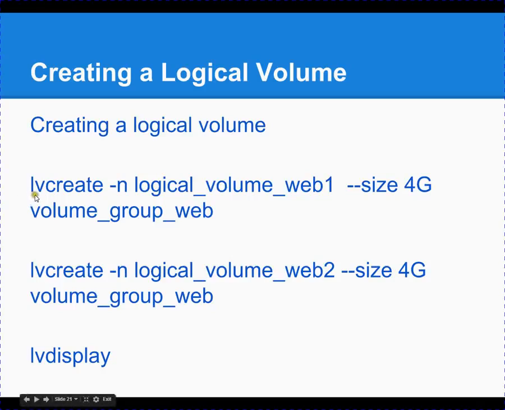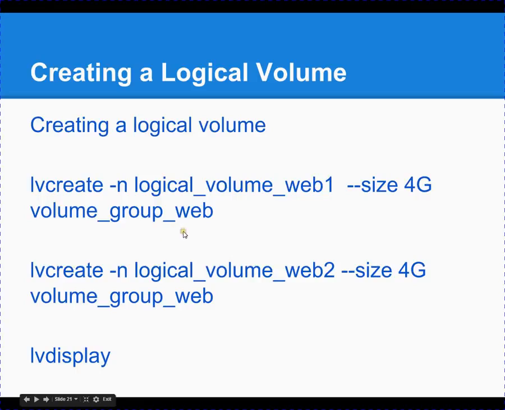It's going to be lvcreate -n lv_web1. You give the size, and we're going to create one at 4 gigabytes, and then we're going to give it the volume group, which is volume_group_web.